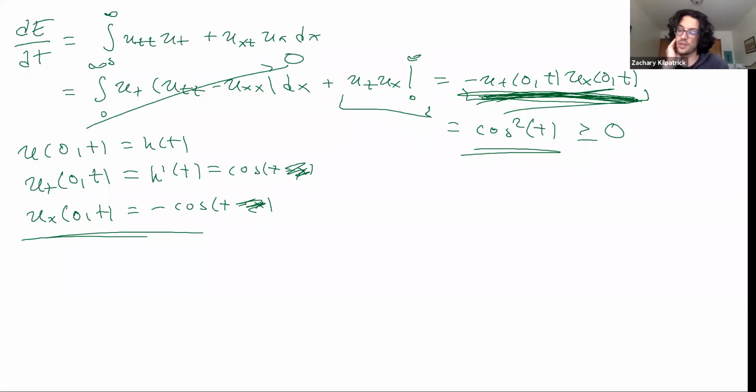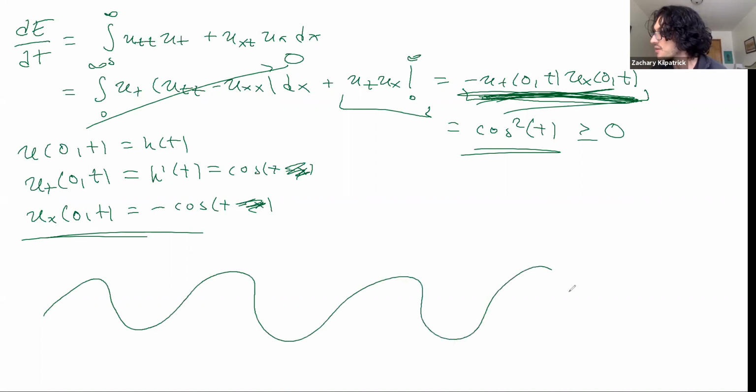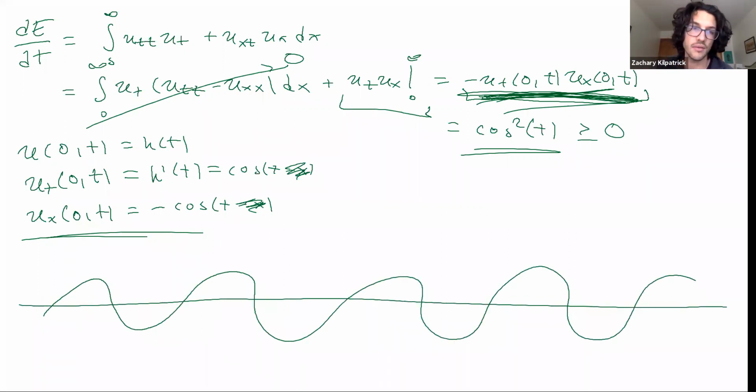Yeah, so it's important to remember that the position of the string and the energy in the string are not one and the same, right? So I think you're thinking, well, the string is going up and down like this. So on average, the position of the string is 0. Therefore, why is there energy in the string?